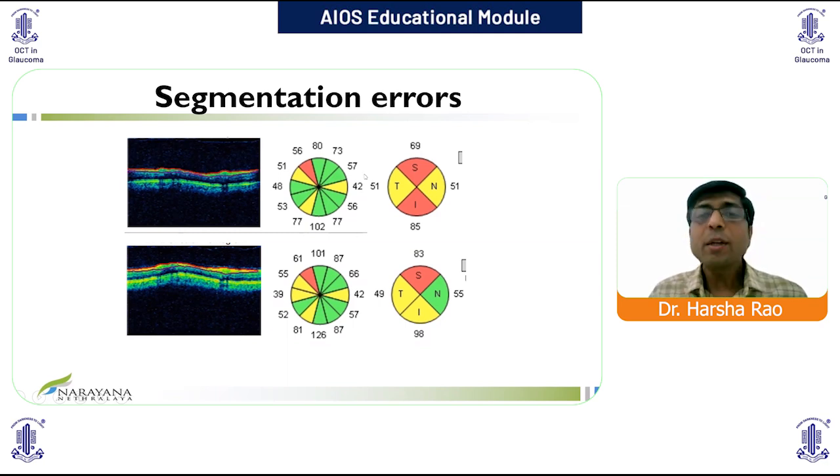And if you look at the measurements of the RNFL either in the Clark-Rs or if we just look at the quadrants here, look at the difference in the RNFL thickness in each of the quadrants. The superior quadrant, which showed an RNFL thickness of 69 microns, is now showing a thickness of 83 microns, a significantly higher thickness with better scans and a better segmentation.